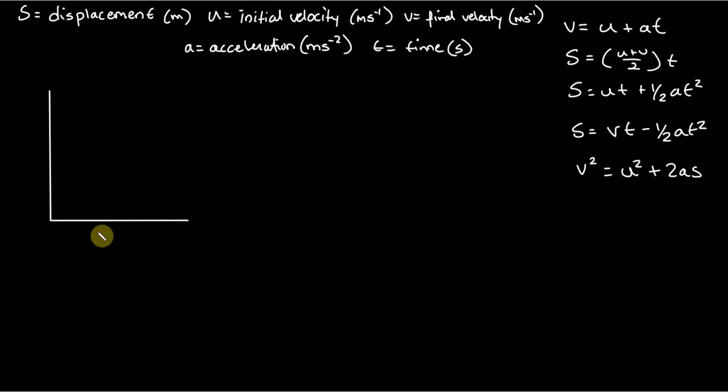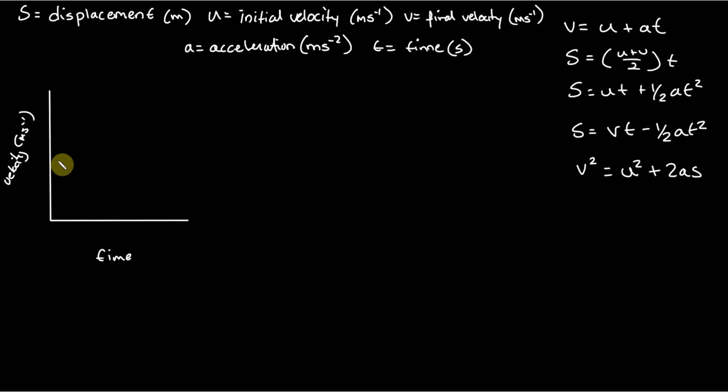And so to start, I'm just beginning to draw a velocity time graph here. We can write velocity here, and velocities are in meters per second. As you can see at the top I have Suvat here, so S equals displacement in meters, U is the initial velocity, meters per second, and so on.